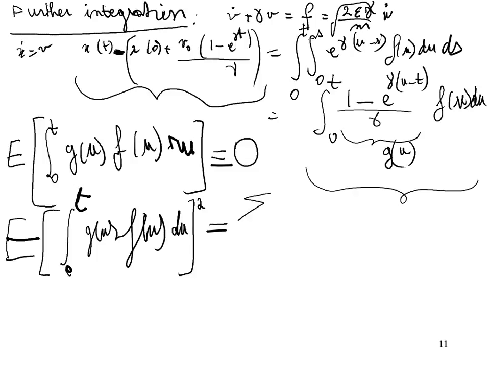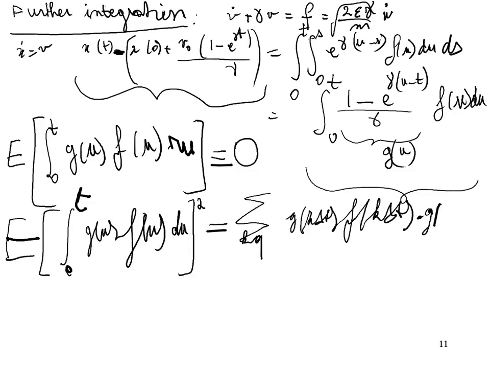This is the sum over k and q of j of k delta t multiplied by f of k delta t, and the same multiplied by j of q delta t multiplied by f of q delta t.